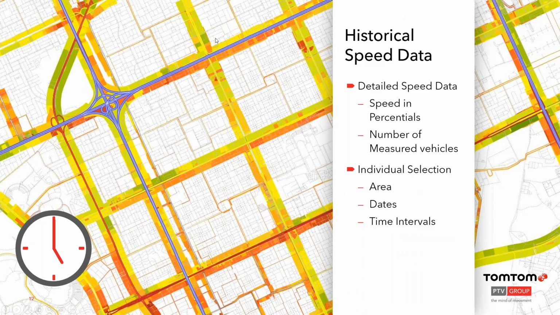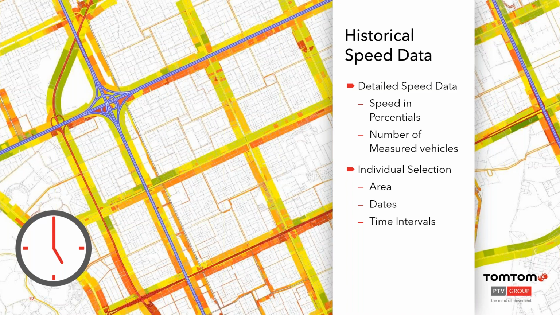Then there's something that is more detailed, because sometimes the average is simply not enough. You want to know more about the speed measured on the roads in detail. And you want to know it maybe for an individual time, so individual dates, individual areas, and individual time intervals.